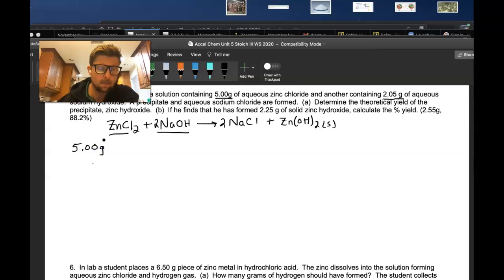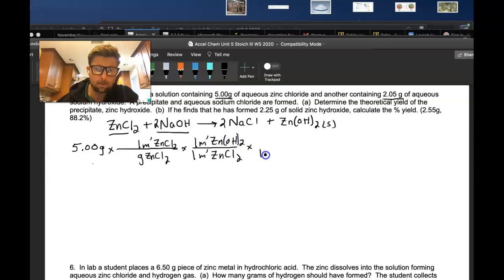I'll pause the video in a few spots just to do calculations. And we'll say this many grams of zinc chloride is 1 mole of zinc chloride. And for every 1 mole of zinc chloride, that will give 1 mole of zinc hydroxide. And then we'll convert the molar mass of zinc hydroxide.